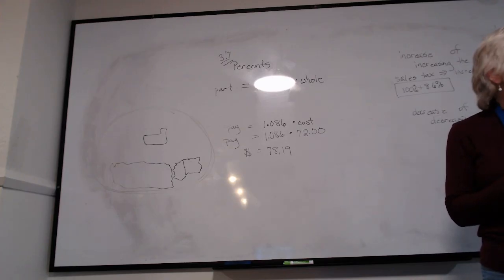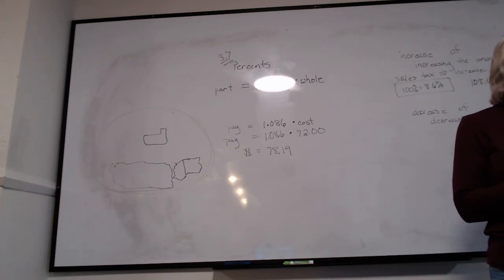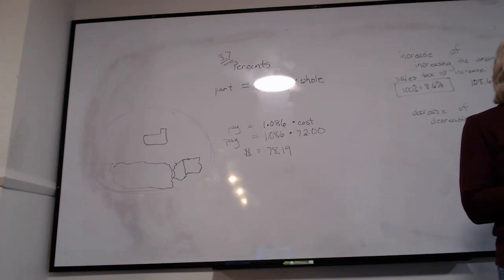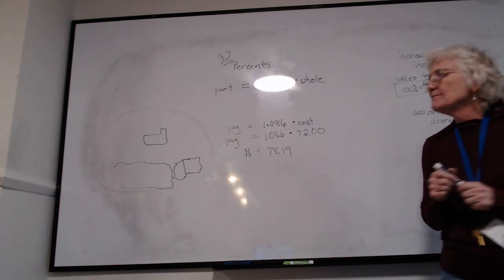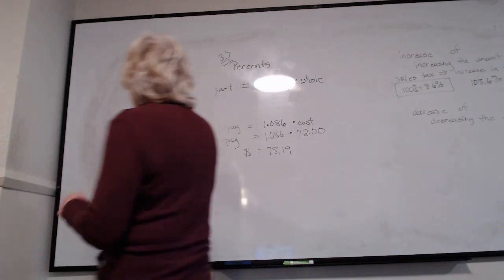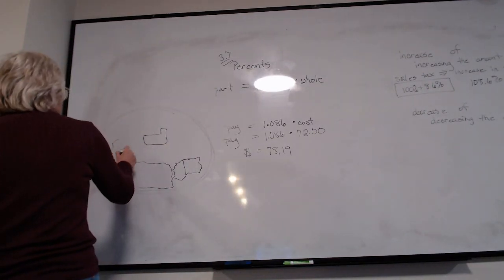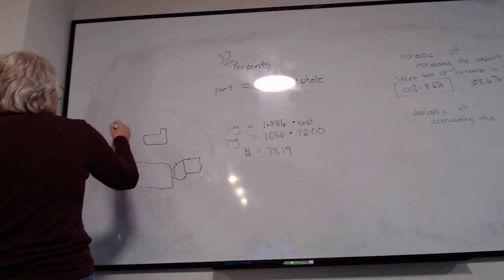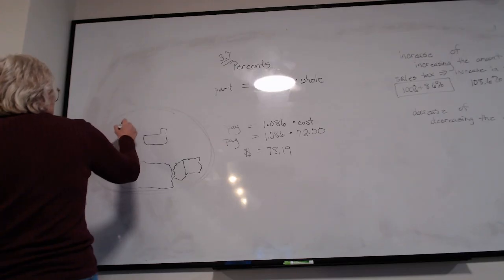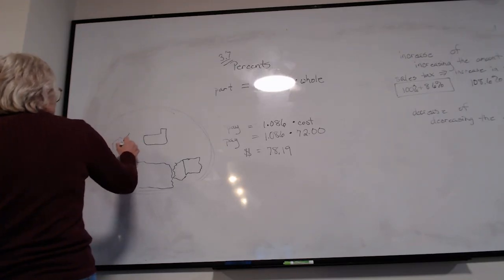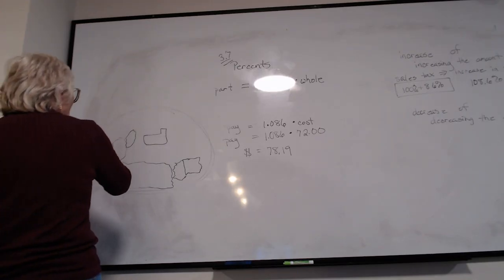What about Hazel Dell? Hazel Dell is not incorporated, so no, it's part of Vancouver actually. We also have Ridgefield, which comes down and meets Vancouver. And then we have La Center, which is over here.